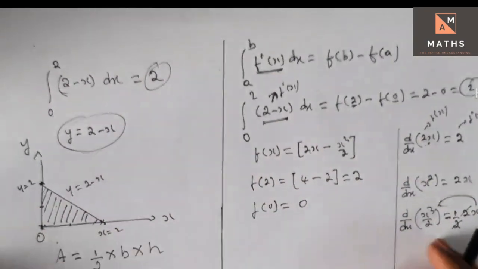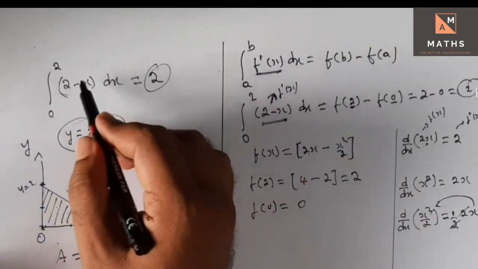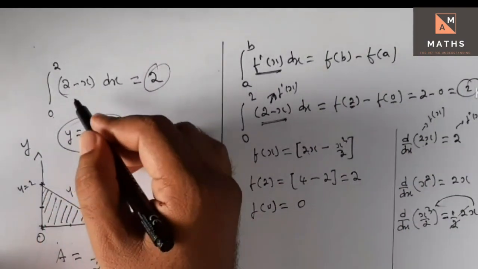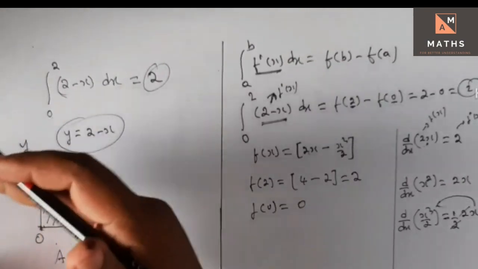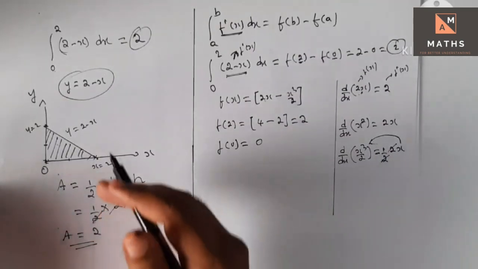Okay, so this method is easy because if the function is simple then we can easily draw the graph of that function. Under that graph, if the area is a standard shape like a triangle, rectangle, circle and all, we know the formula, and by using that formula we can find the area.